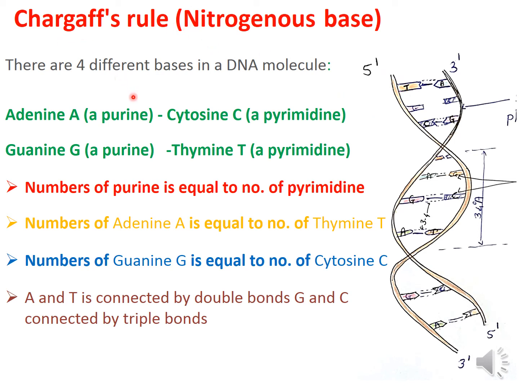Chargaff's rule is about the internal structure related to the bases. It says that the number of guanine is equal to the number of cytosine, and the number of adenine is equal to the number of thymine. This means the total number of pyrimidines and the total number of purines inside the DNA structure are the same. There are equal numbers of adenine and thymine, and of guanine and cytosine.